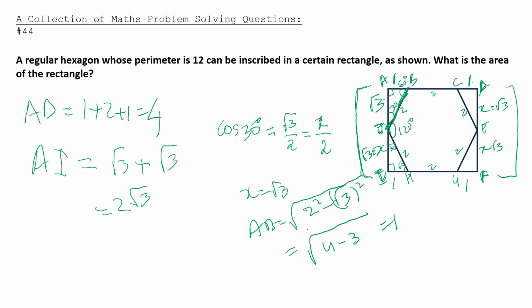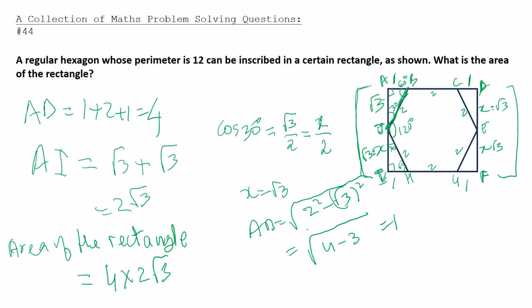So the area of the rectangle would equal 4 multiplied by 2 root 3, and that equals 8 root 3, and that is the answer.